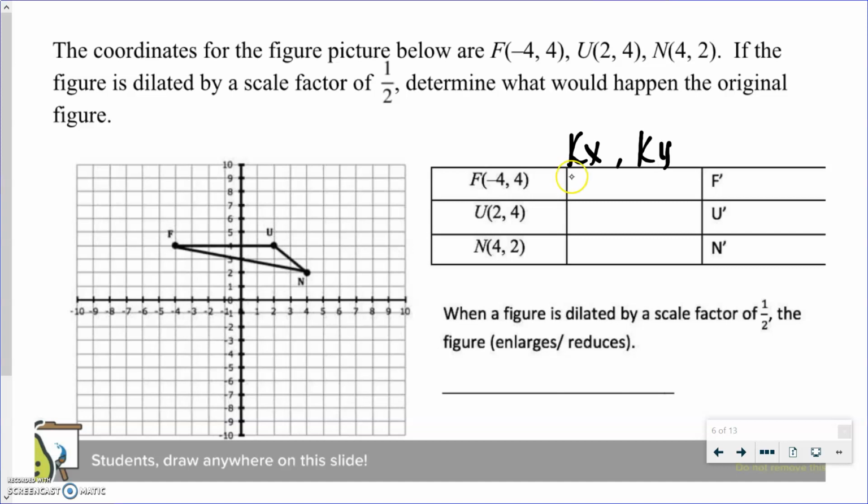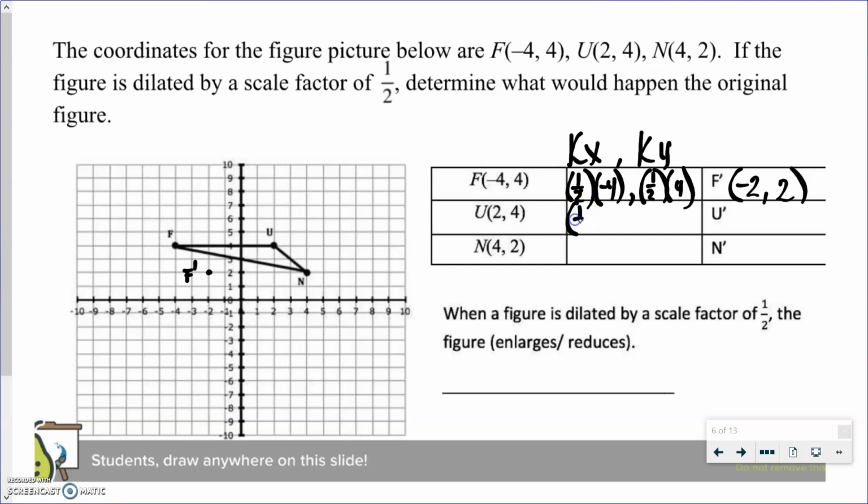So we have 1/2 multiplied by -4 and 1/2 multiplied by 4. Well, half of -4 is -2. Half of 4 is +2. So F prime is -2, 2. So we go to -2 and 2, and we label that F prime.